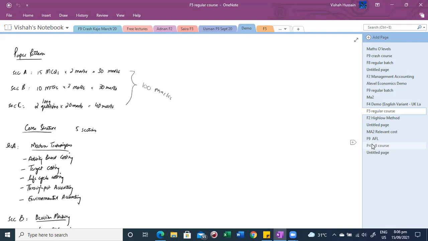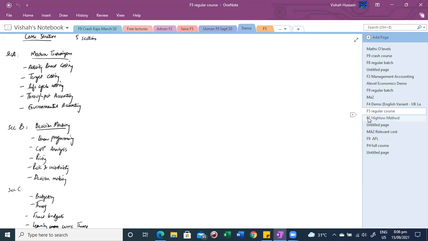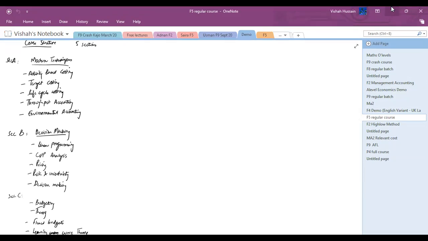Now, the course structure includes section A, modern techniques, in which we are going to discuss the new methods for costing, which includes activity-based costing, target costing, life cycle costing, throughput accounting, environmental accounting. Section B is decision making. That includes linear programming, CVP analysis, pricing, risk and uncertainty, and decision making.